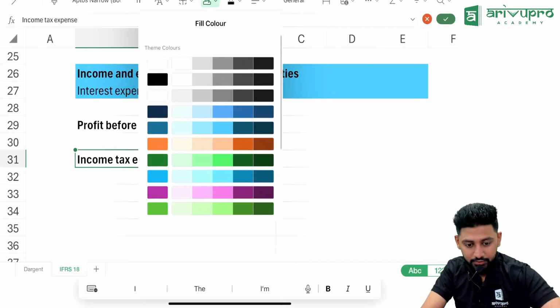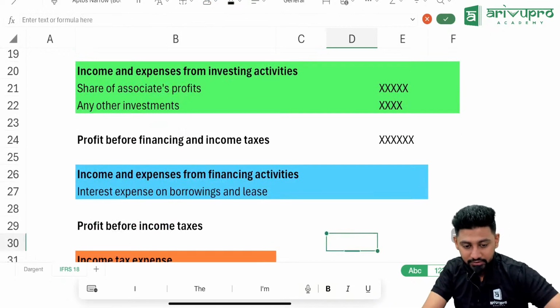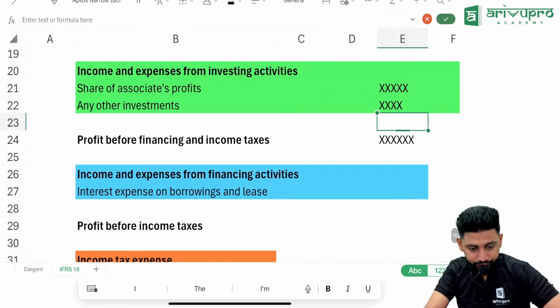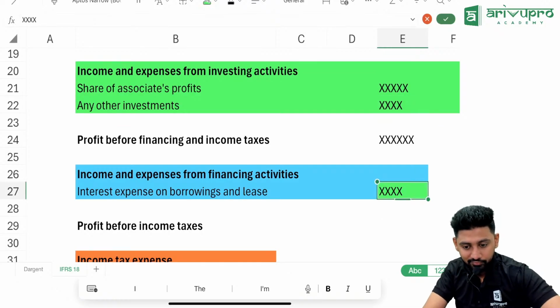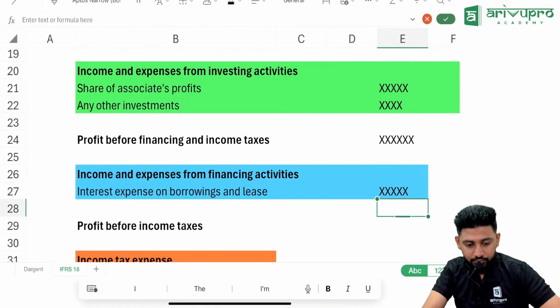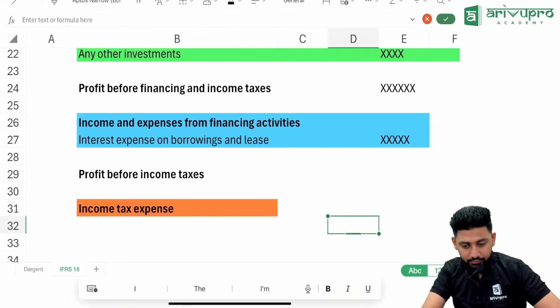Fourth mandatory heading is income tax expense. I'll take my income tax expense here separately.